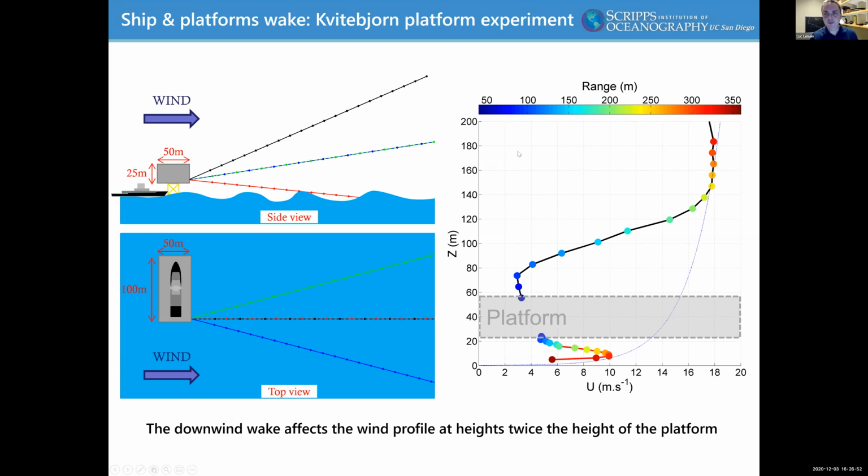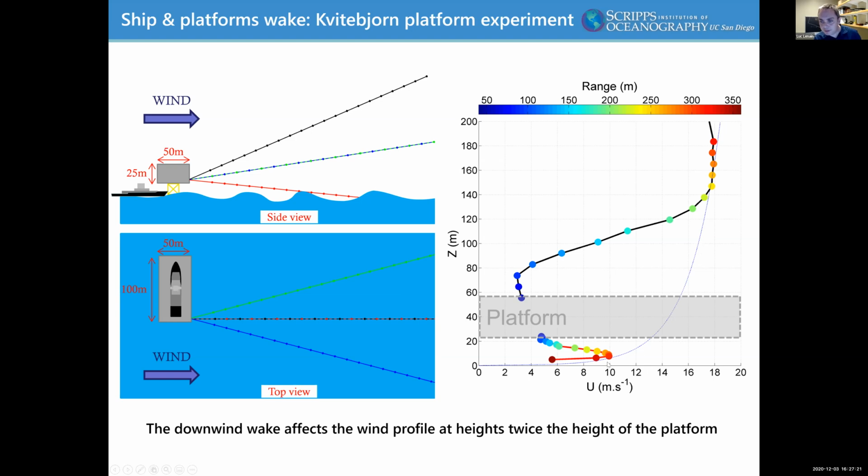This is a scenario where the wind was pretty strong, 16 meters per second at 140 meters height. So this is height, this is wind speed, wind profile. This is the standard log profile that you expect. What I'm showing here is a case where the wind and the wind Doppler profiler are in the same direction, so you're pretty much sampling the wake, and that's what you see here.